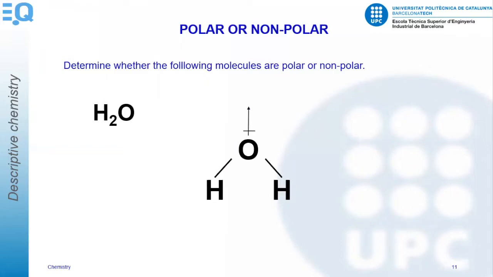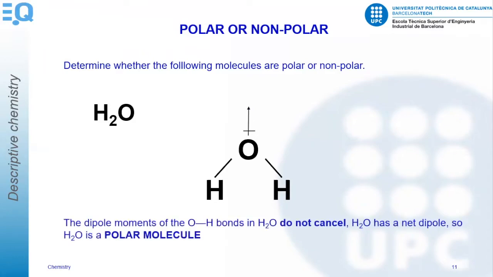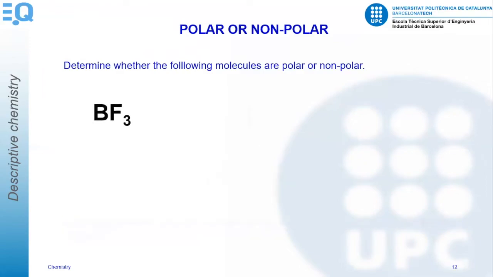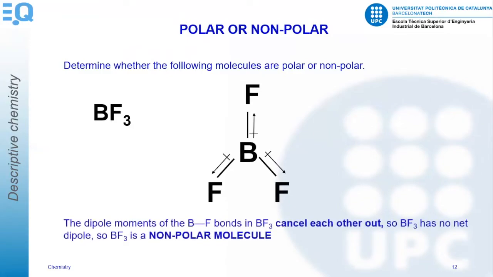For example, water. The dipole moments of the OH bonds in water do not cancel. Therefore, water is a polar molecule. For example, BF3. In this case, the dipole moments cancel each other out.